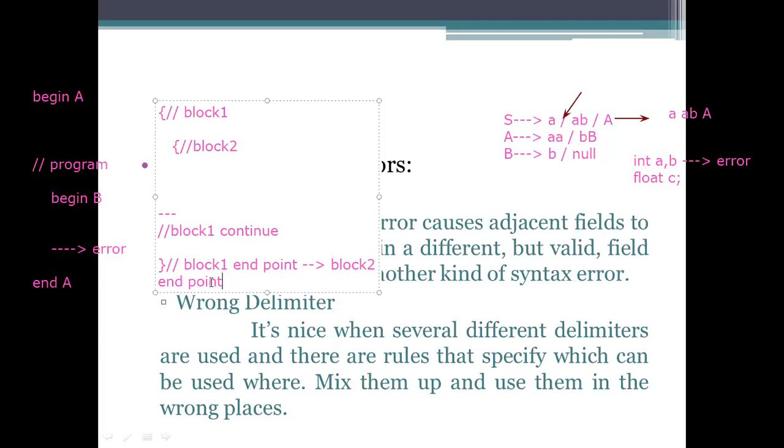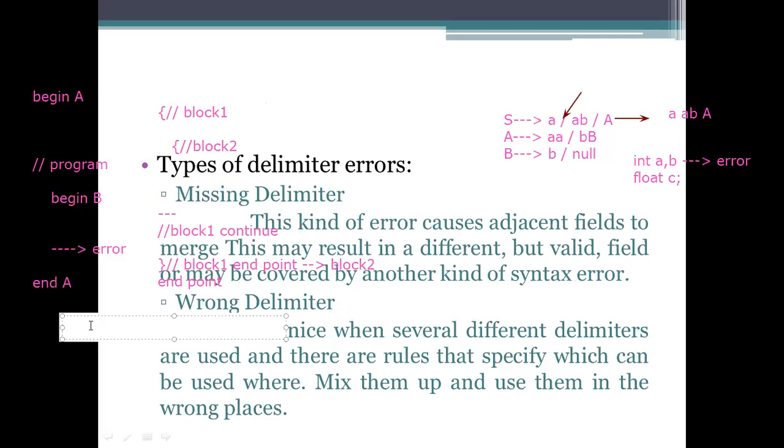And coming to the second one, which is the wrong delimiter. Wrong delimiter means what? A wrong delimiter is one which does not belong to that pair or to that processing. Simply specify int a comma b and full stop.